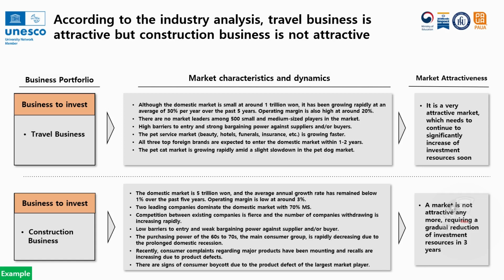According to Michael Porter's 5 forces model, we may look at the entry barrier. In the travel business, the entry barrier is very high. That's good for the existing players, because newcomers find it very difficult to enter the market, even though the market is so attractive. Also, the players in that market have strong bargaining power against both suppliers and buyers.